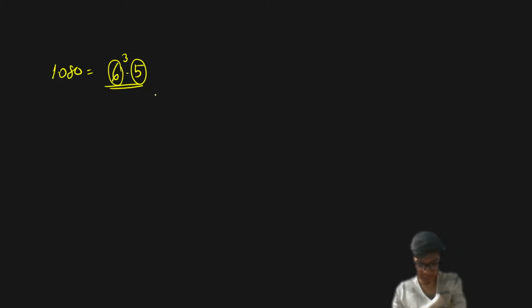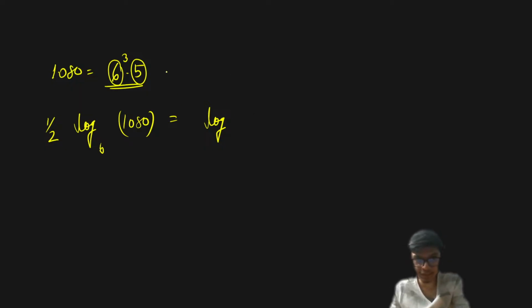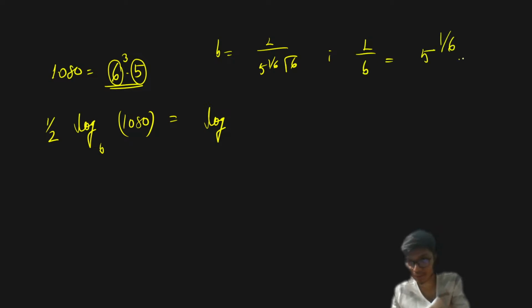So if I consider that, then it is half times log of base B of 1080. Looking at the base, B is given as 1 by 5 to the power 1 upon 6 into square root of 6, and I can write that as 1 upon B equals 5 to the power 1 by 6 into 6 to the power 1 by 2.